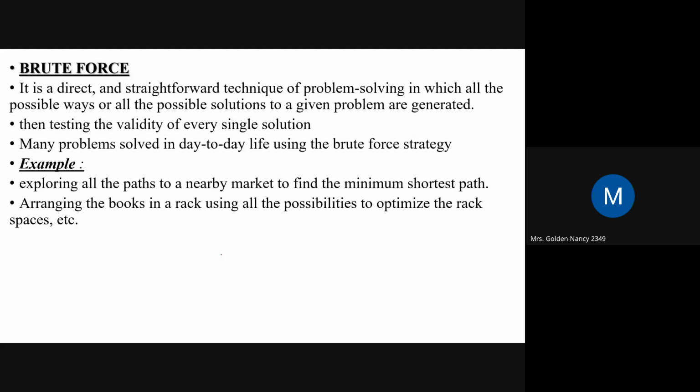For example, linear search is a brute force technique. What happened in linear search? You just got an array A, and it had some elements inside. I have a key in my hand. If the key element is 7, I just compared the key element with each element in the array.